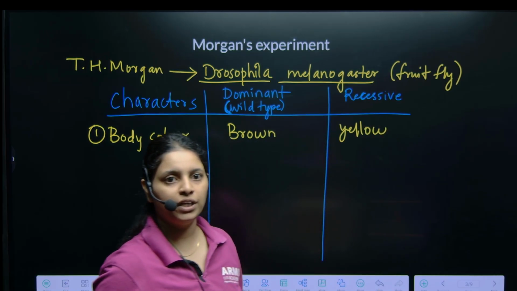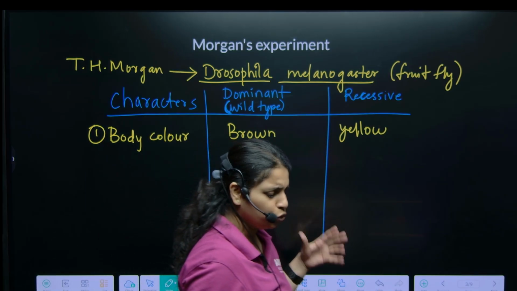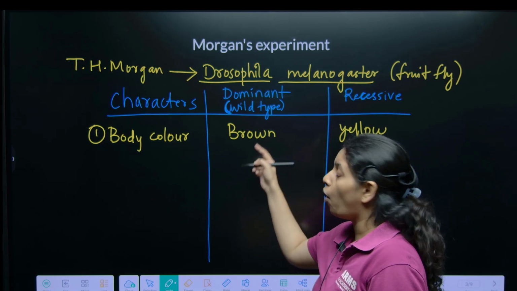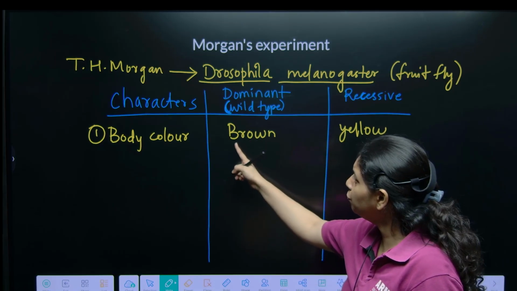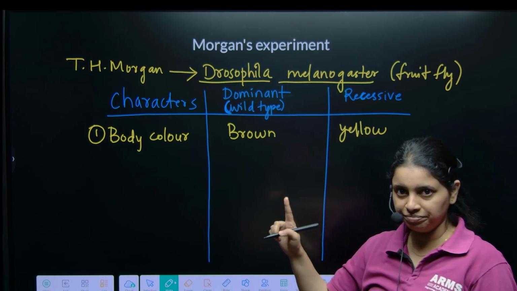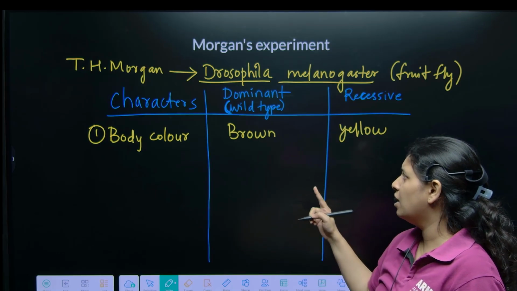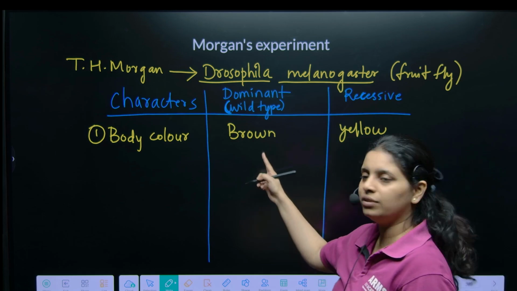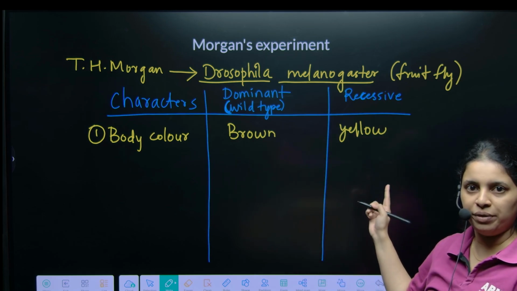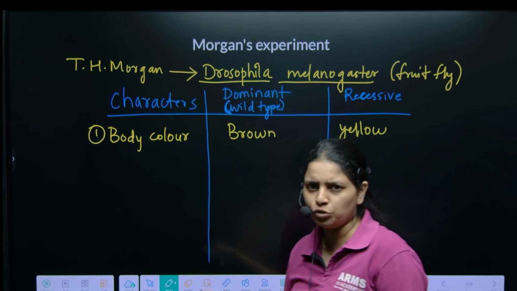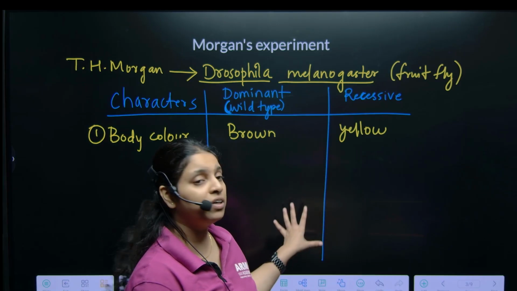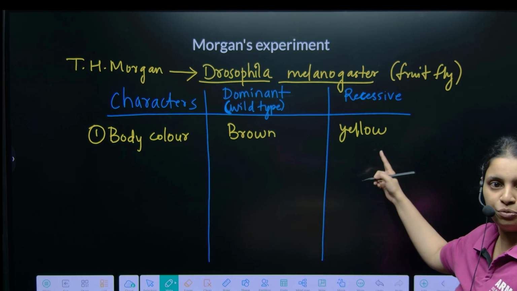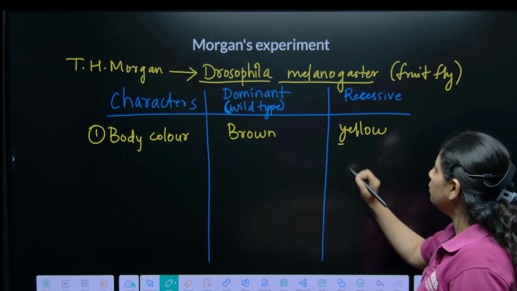Now, in a Mendelian cross, what did we see? Whatever the dominant character is, its first letter is taken. So as per the typical Mendelian cross, we would have written brown as capital B and yellow as small b. But there are some other ways to represent genes. The way we use here is to take the first letter of the mutant, recessive type.